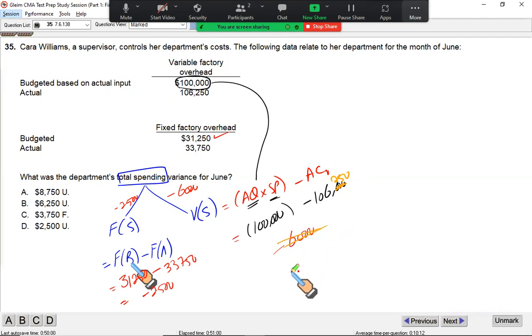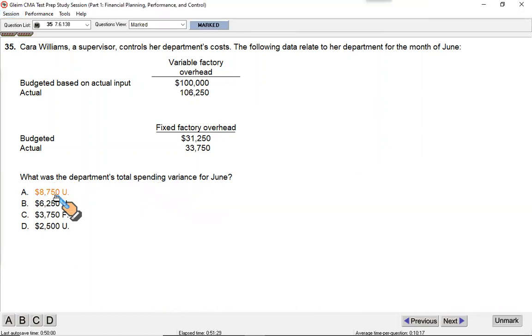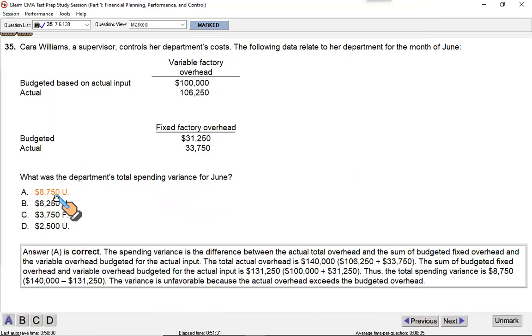It is adverse 6,250. So 6,250 adverse here and 2,500 adverse here. Both combined adverse variances will give you 8,750. Total adverse variance is 8,750, and that should be your right answer. This is the total spending variance. So sometimes you can be given in bits, and sometimes you might be required to calculate the total this way: total spending for fixed and spending for variable.